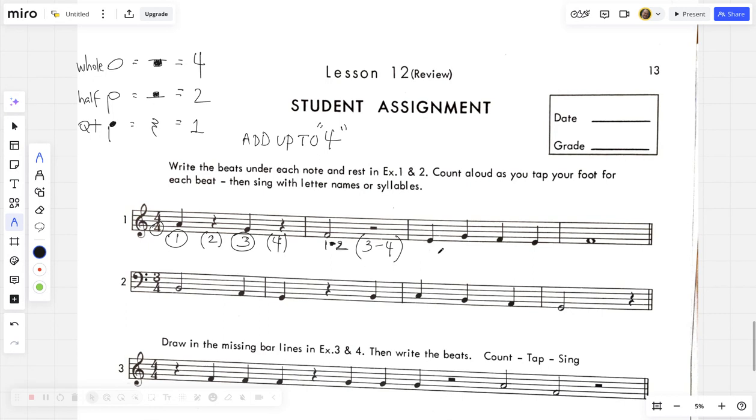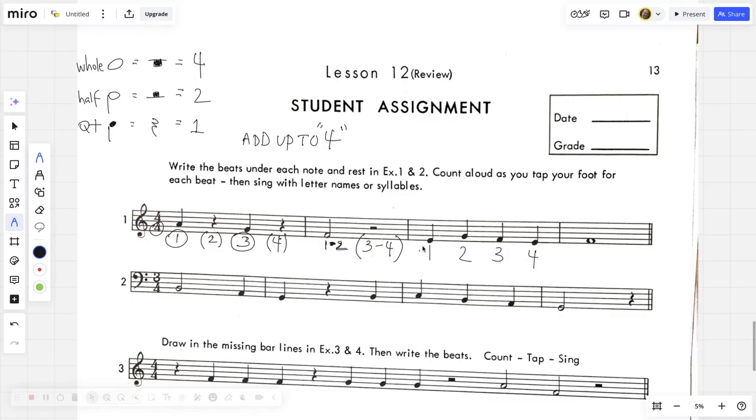Moving right along. What kind of note is this? On my chart here, it's a quarter note. It equals 1 beat. I could just put a 1 there. This is a quarter note again. It's going to be the second beat of the measure because we have to add up to 4. Third beat, and then the 4th beat.